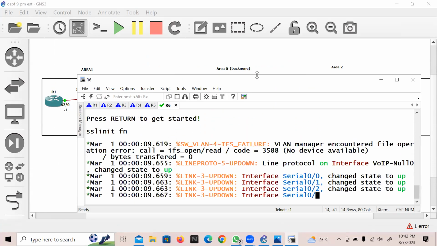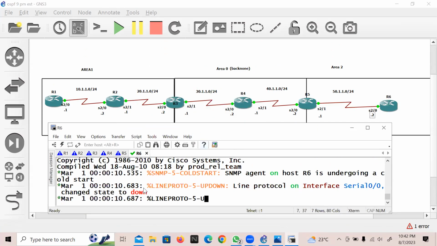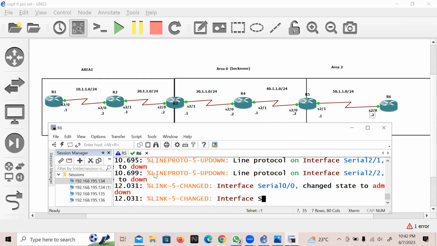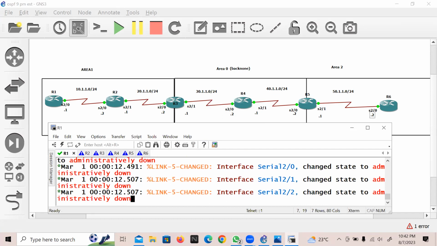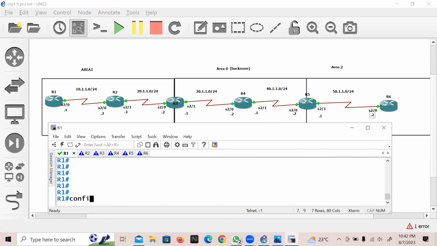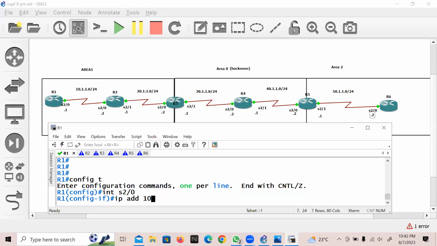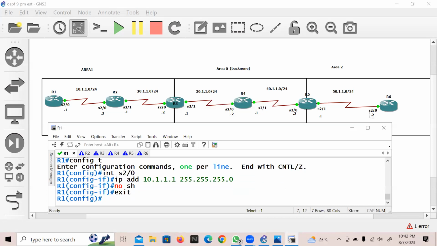So I will try to make it smaller so you can also see this thing. Okay, just need to add 10.1.1. Okay, yeah, that's it.